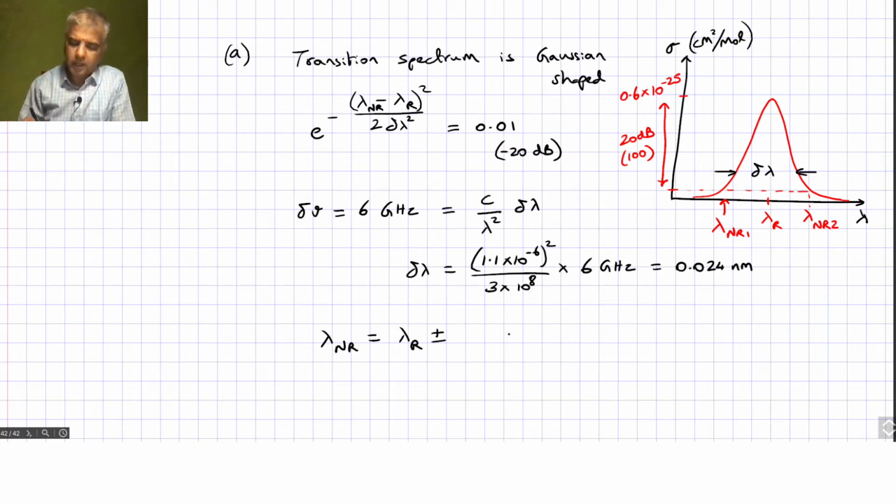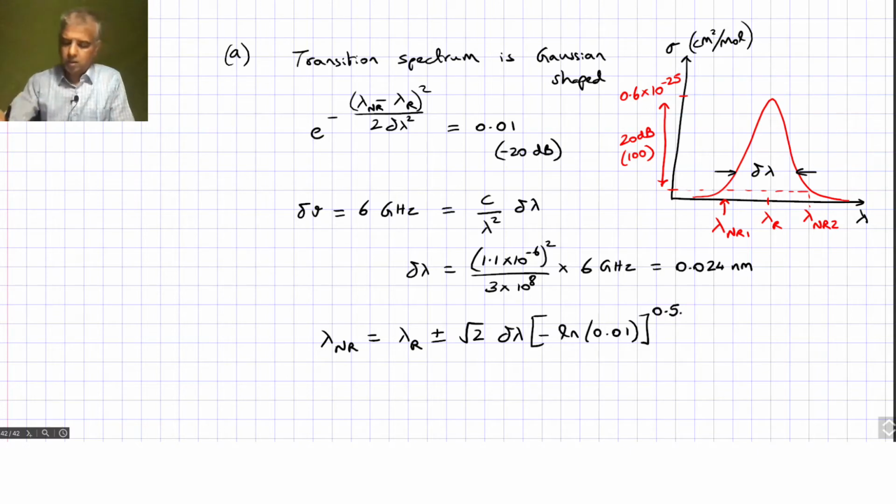So, lambda nr equals lambda r plus or minus root 2 delta lambda multiplied by the whole root of minus ln of 0.01. So, that is to the power of 0.5.